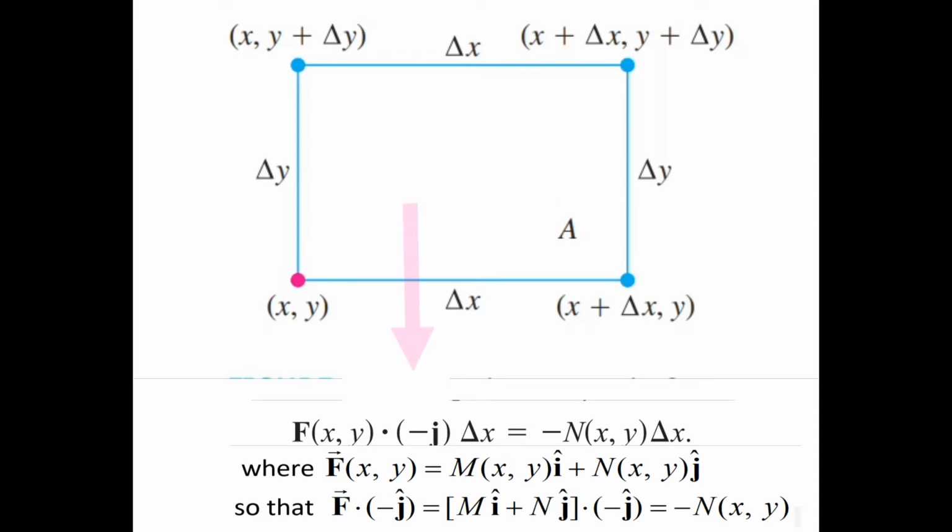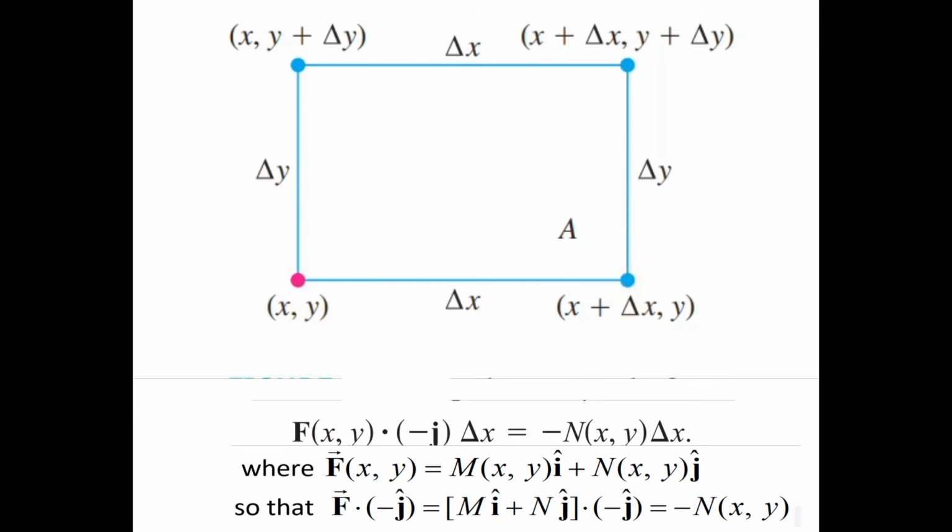Why do we take F dot negative j here? This is the scalar component of the velocity at (x,y) in the direction of the outward normal times the length of the segment. See, the outward normal to this side is negative j, because negative j is the unit vector parallel to the y-axis in the downward direction.